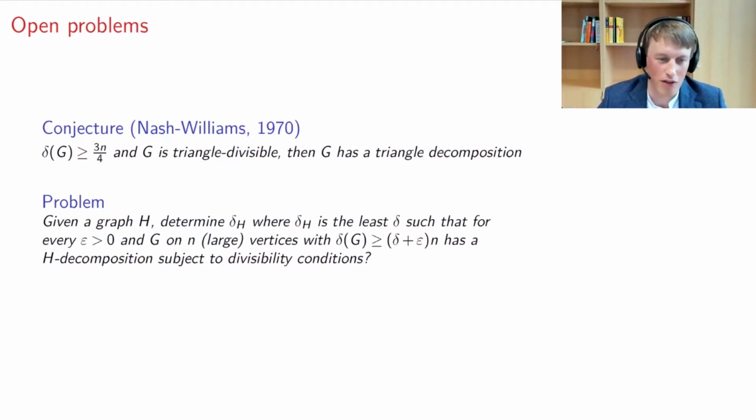So, given a graph H, what is the best minimum degree requirement that still yields an H-decomposition, subject to these divisibility conditions, obviously. This is what we also call the decomposition threshold for H. The Nash-Williams conjecture says the decomposition threshold for triangles is 3/4. But even for triangles, this is already really hard.